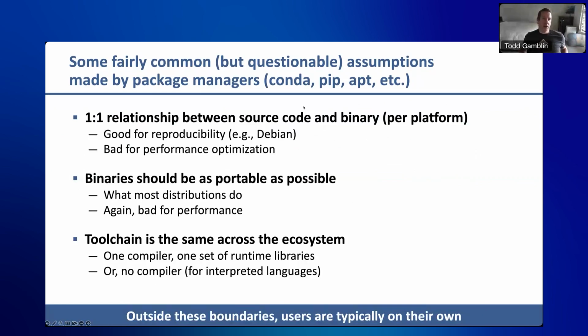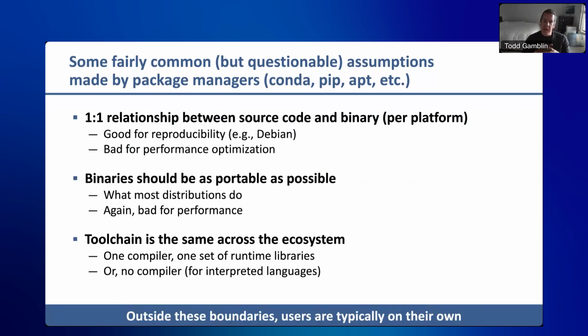Out in the open source ecosystem, there are lots of different package managers. Many of the ecosystems make assumptions that sort of limit what they can do with their integration. And so one of those is that there's a one-to-one relationship between source code and binaries. So you've got canonical source code, you build it one way, you get one binary that's maybe reproducible, like in Debian.